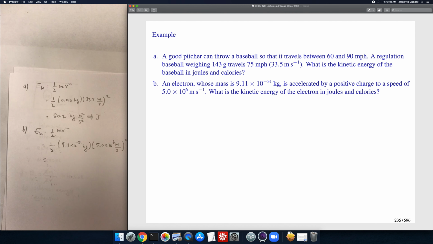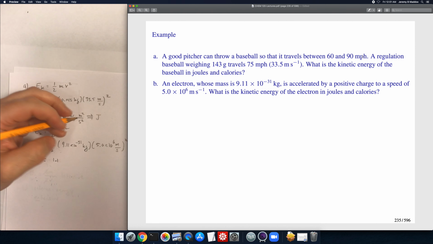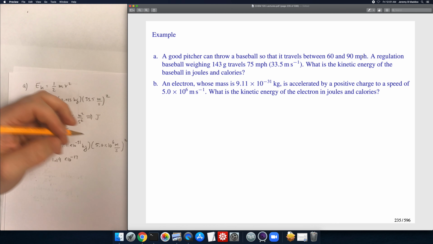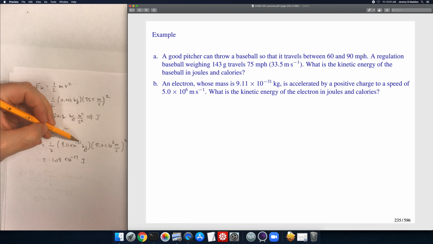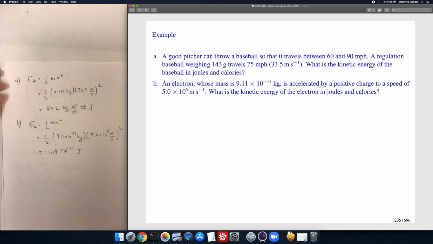We'll square that, multiply by the mass, and divide by 2. And so I'm getting 1.14 times 10 to the minus 17. That's going to be joules. The reason it's so small is because the electron has such a small mass in this case.